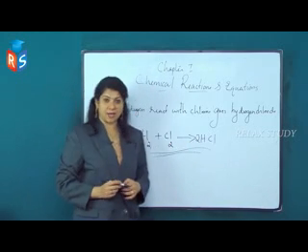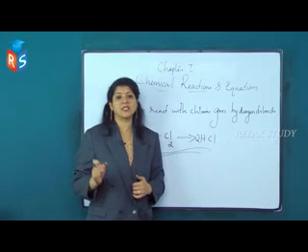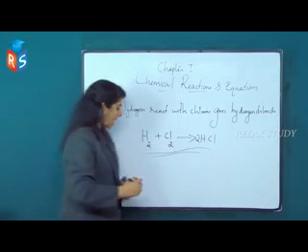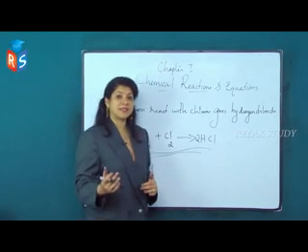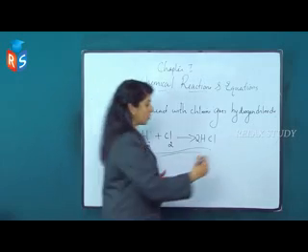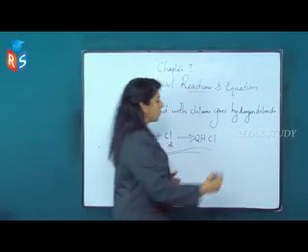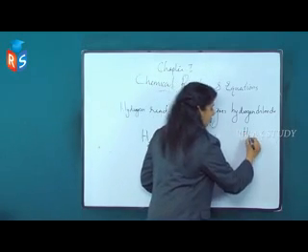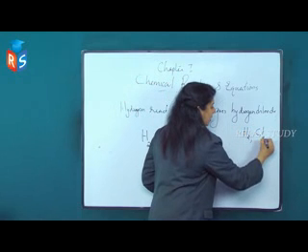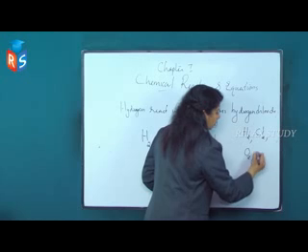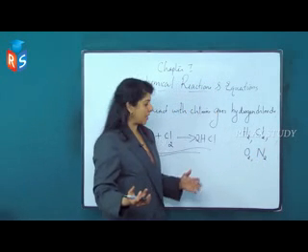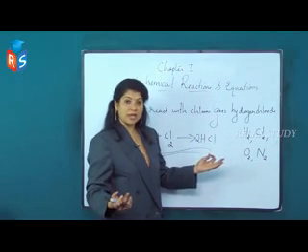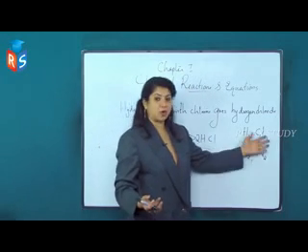Let us see another example. Reaction of hydrogen and oxygen to form water. Hydrogen exists as H2. Some elements exist in diatomic form. Diatomic form means it exists as 2. For example, hydrogen, H2, chlorine, Cl2, oxygen, O2, nitrogen, N2, and all the other halogens, fluorine, bromine, iodine, exist as diatomic.